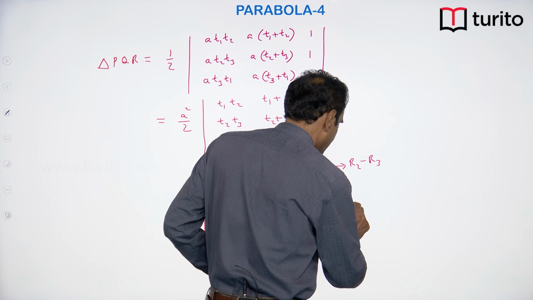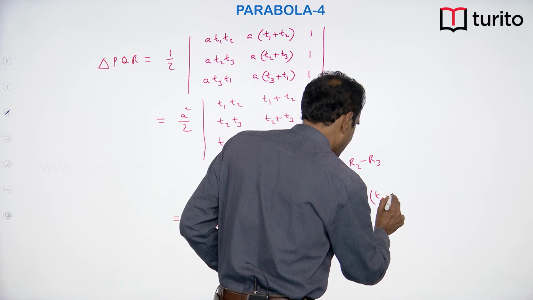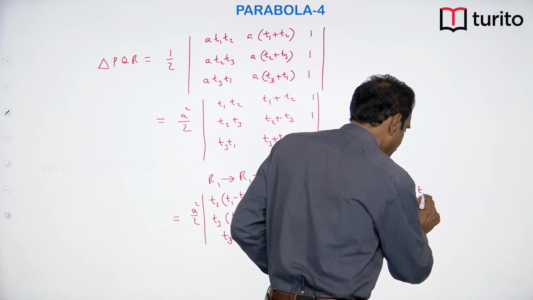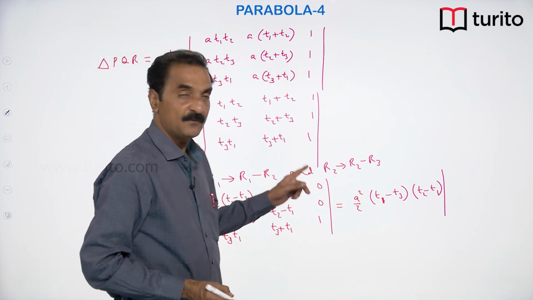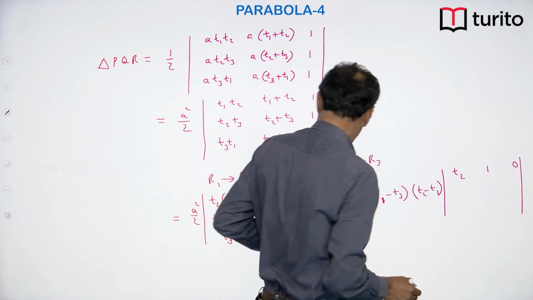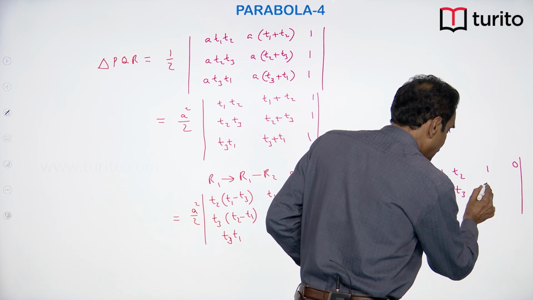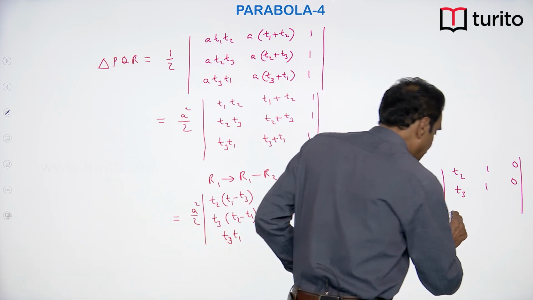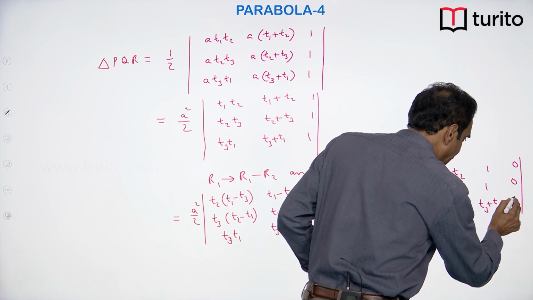It will be A square by 2 into t1 minus t3 into t2 minus t1, into the remaining determinant: first row t2, 1, 0; second row t3, 1, 0; third row t3 t1, t3 plus t1, 1.